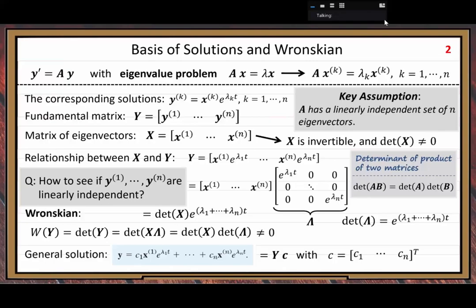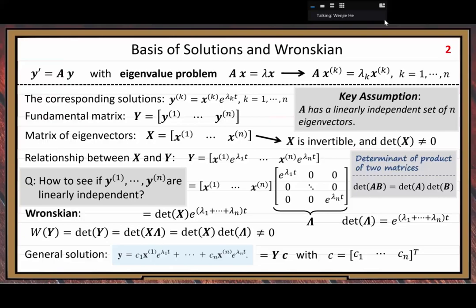Okay, so that's the preparation part. We get familiar with the notations, terminologies, and the setting we need to use. Later when we do the discussion, we will use the language we prepared here.